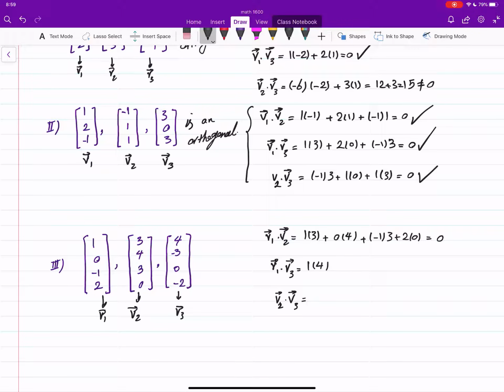Then 1 times 4 plus 0 times negative 3 plus negative 1 times 0 plus 2 times negative 2, which is 4 minus 4, again 0. That's nice. And v2 dot v3: 3 times 4 plus 4 times negative 3 plus 3 times 0 plus 0 times negative 2, which is 12 minus 12 plus 0, which is 0. So this set is also an orthogonal set.